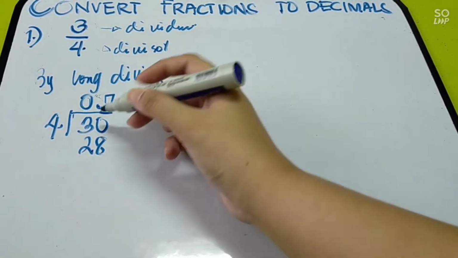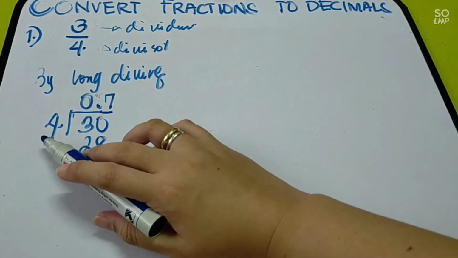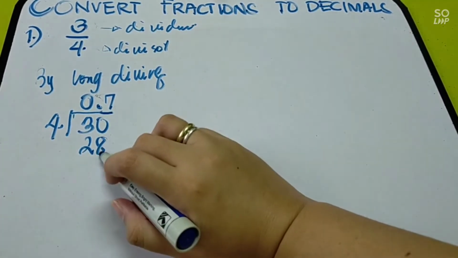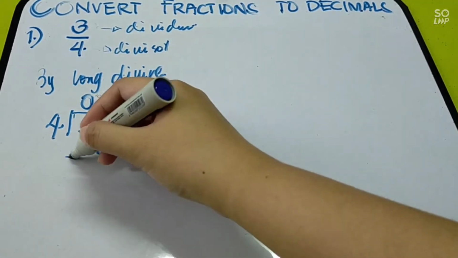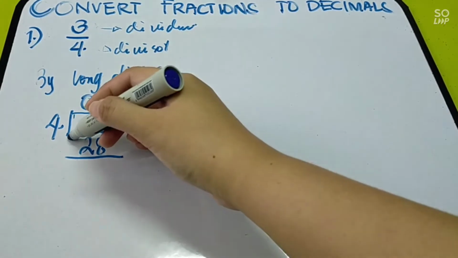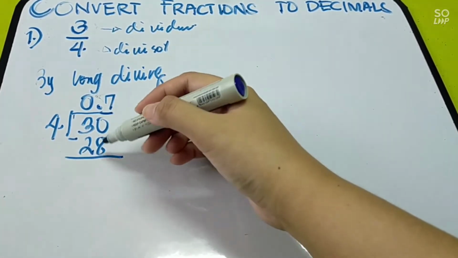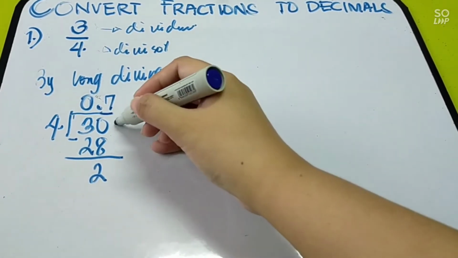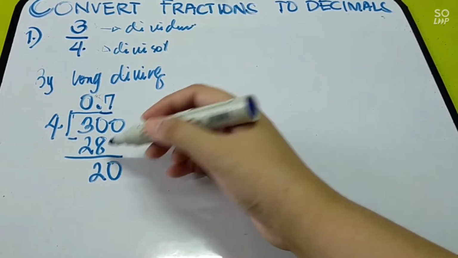So, kapag magdi-divide ka, magtiting ka na number na imumultiply mo kay 4 na pinakamalapit kay 30. Okay? Yung kanyang product. So, since 7 times 4 is 28, subtract natin. 30 minus 28, the answer is 2. Then, add 0. Bring down 0.